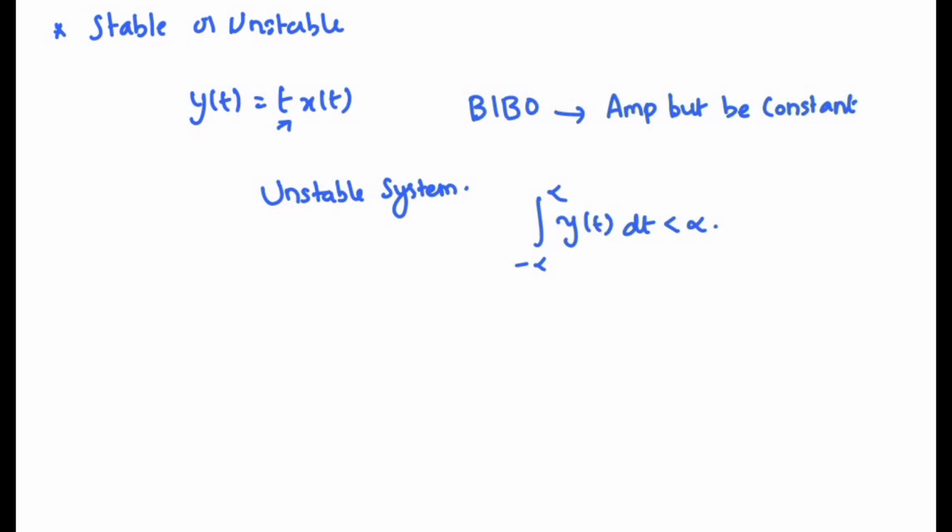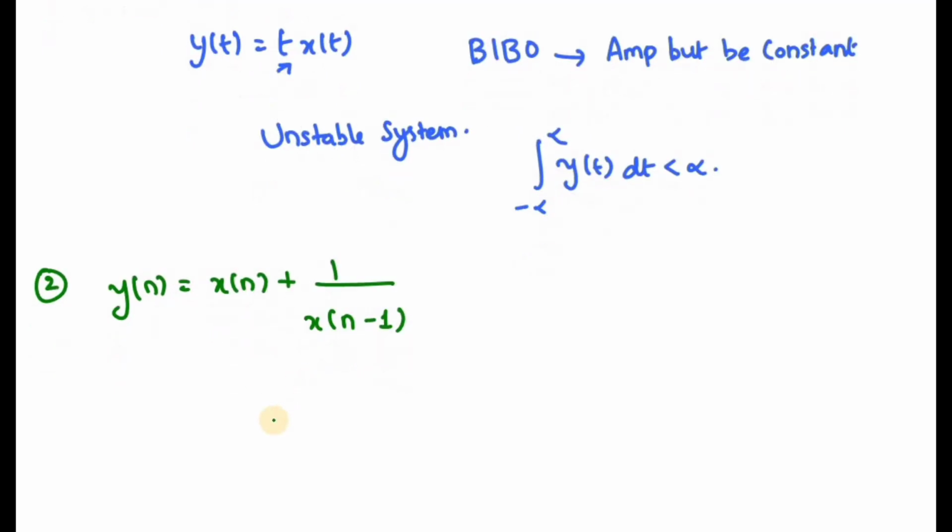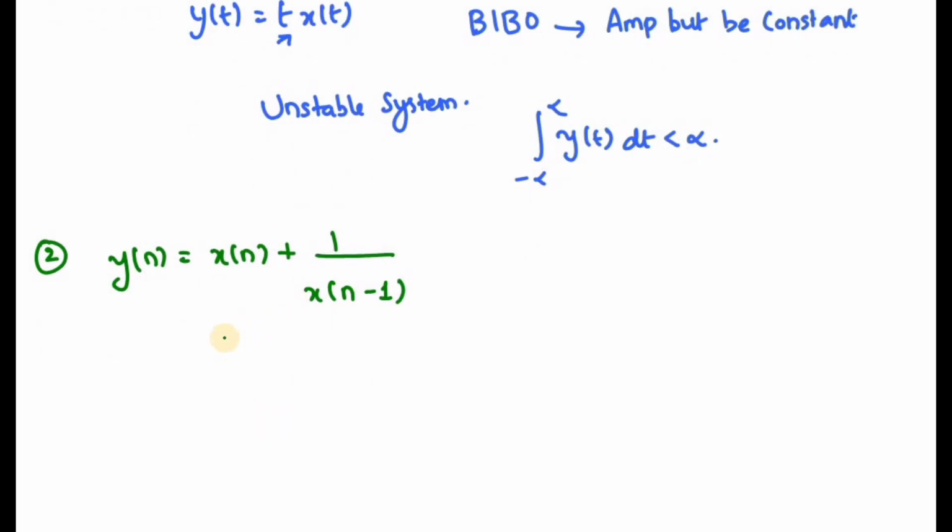So let me take another problem. The second column is y of n is equal to x of n plus 1 divided by x of n minus 1. To find linearity, I'm going to multiply a with y1. So it becomes a x1 of n plus 1 divided by a x1 of n minus 1.